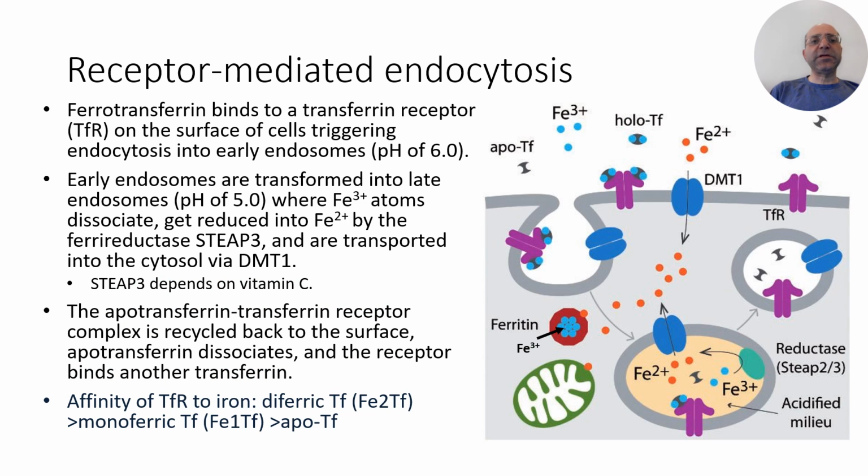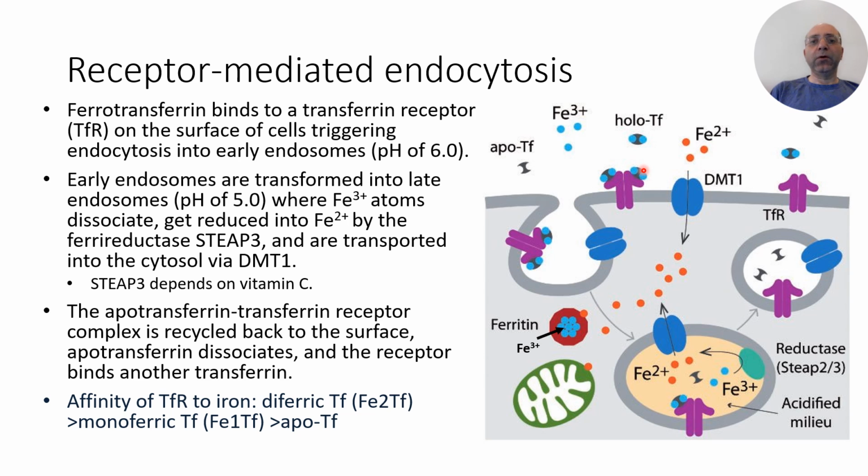So what happens to transferrin? It carries iron and travels in the body. Transferrin can bind up to two atoms of iron in the ferric state. Holotransferrin, which is bound to iron, binds to a transferrin receptor, and this receptor exists in all cells in the body because they all need iron.